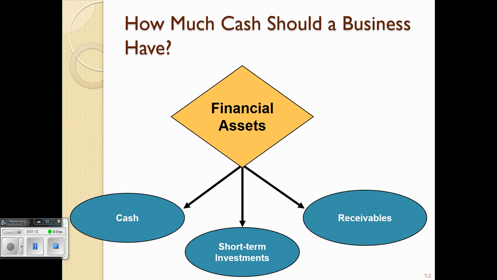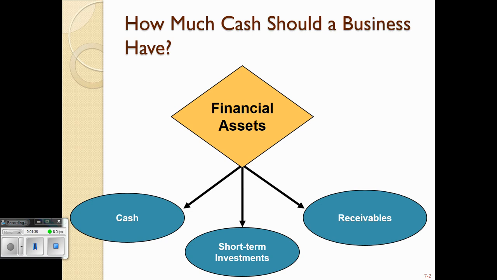So what that means is if you have a lot of cash, you've got a lot of money tied up in assets that aren't earning a great rate of return. So you really want your assets to be invested in inventory or products or whatever it is you're doing and not sitting around. Okay, and what that may mean is that you're going to take some of your cash and invest it in some short-term investments.